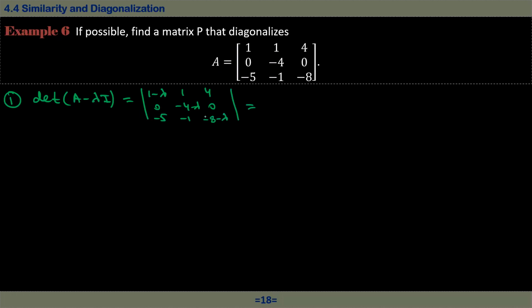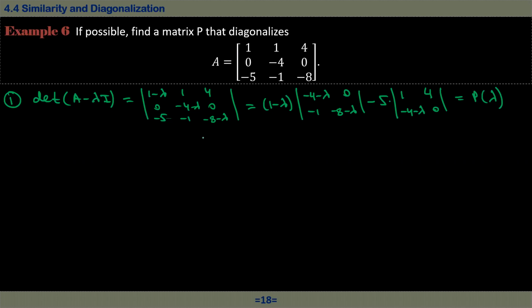Now how to calculate this? Here we have 1 minus lambda, and delete the first row and the first column. Here we have minus 4 minus lambda, 0, minus 1, minus 8 minus lambda. And here it is 0, and the third component is minus 5. So we should delete the third row and the first column. Here we have 1, and here we have 4, minus 4 minus lambda, and here we have 0. Okay, which is our characteristic polynomial.